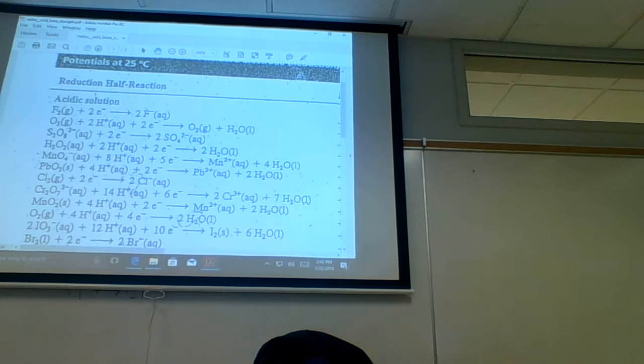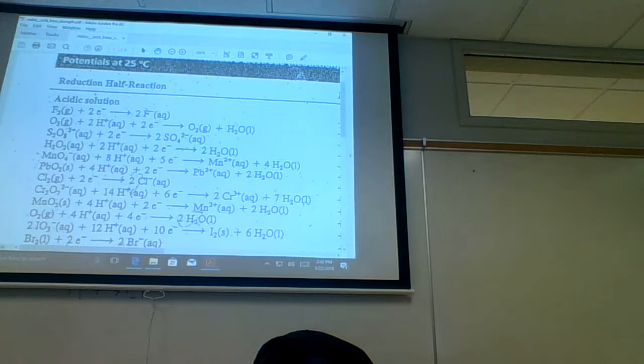Manganese 3+ alone is no problem, but manganese +7 is a problem. It cannot exist alone. It has to have these oxides around it to help stabilize it, otherwise it won't happen. And so this is sometimes why we write Roman numerals in this case rather than a free charge. In the name we always write Roman numerals, whether it's +2 or +3 or +7, it doesn't matter. We write Roman numerals in the name. But for the formulas, it's a different story.